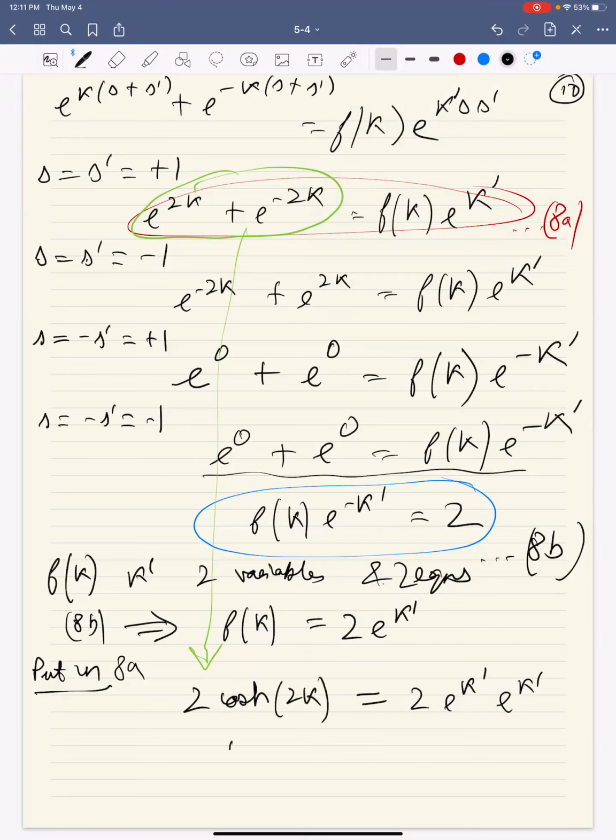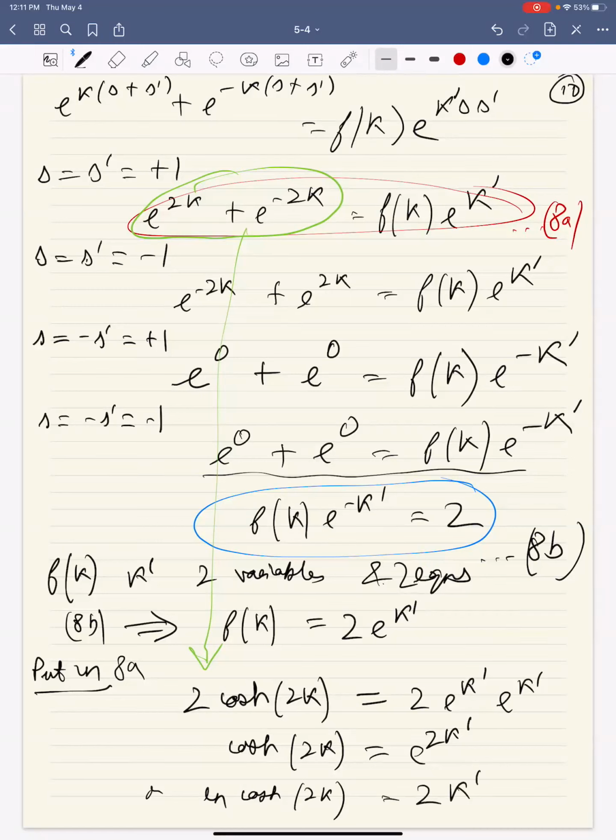So what do I get? I get hyperbolic cos of 2k is equal to e to the power 2k prime, or log of hyperbolic cos of 2k is equal to 2k prime.